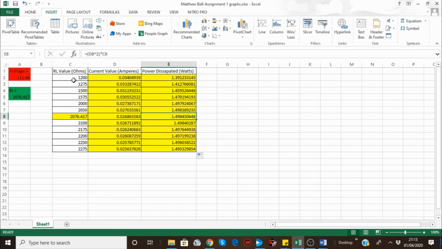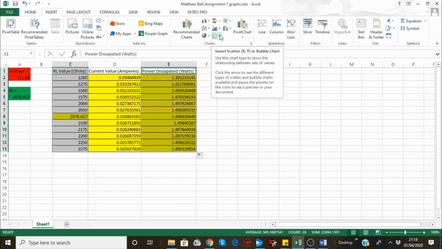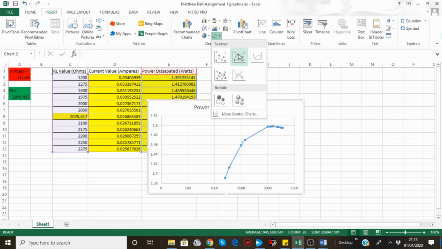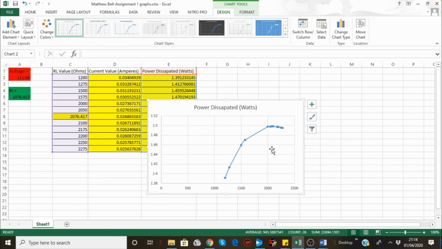And to show that as a graph, you just highlight this column as RL and highlight this one, power, and go into insert on top and pick insert scatter or bubble chart and pick one of these graphs. Mine is a little bit jaggedy because of the values I picked.